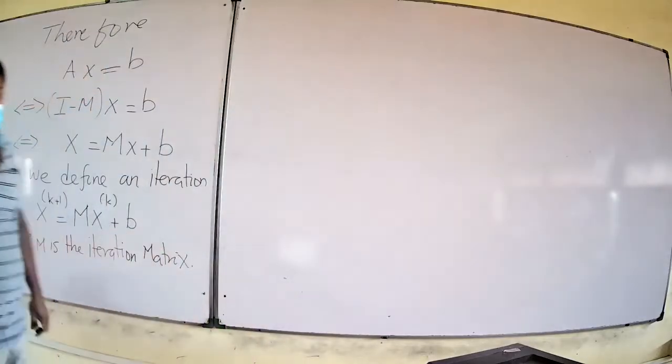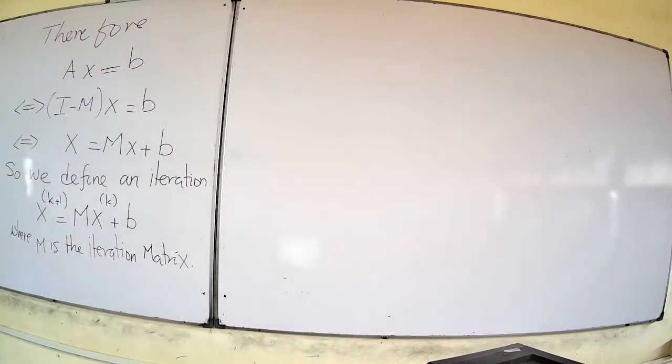This is a general iterative form. Generally, this is how you can generate an iterative form. For Gauss-Seidel and Jacobi, you can do it specifically in a different way.